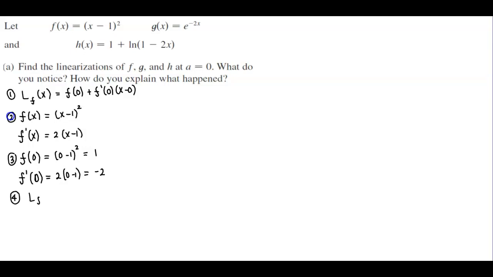And so therefore L_f of x is going to equal 1 plus negative 2 times (x minus 0). And therefore that is going to equal 1 minus 2x.